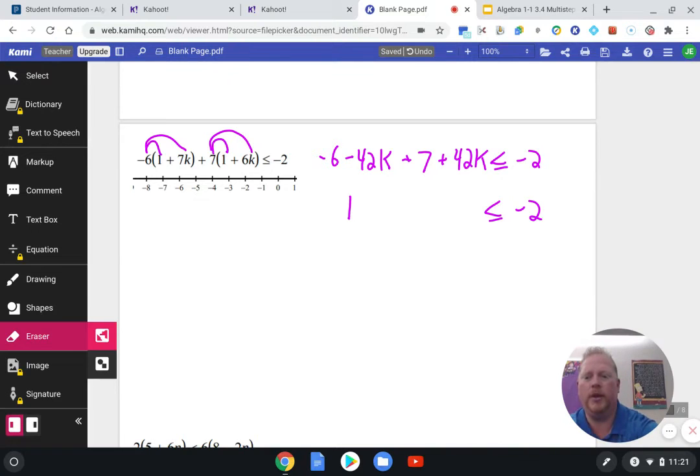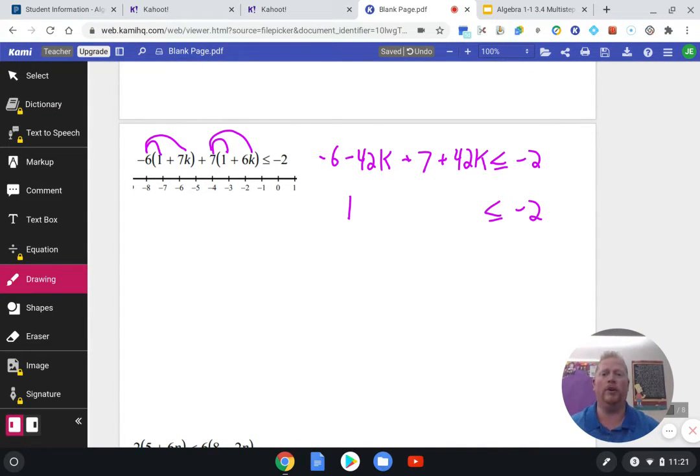And now we have a situation where our variables are completely canceled out. So remember, if your variables are completely gone, don't do any more work. It's either going to be no solution or infinite number of solutions. So what we need to do is take a look. Do we have a true statement or a false statement? So if I have 1 is less than or equal to negative 2, is 1 less than negative 2?